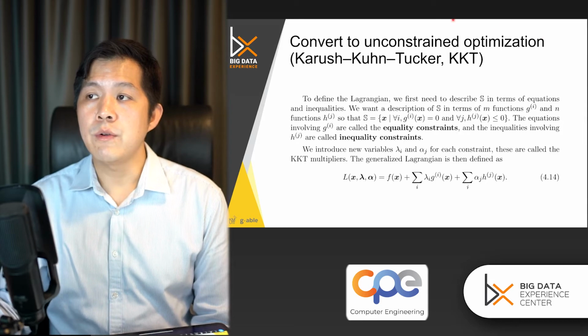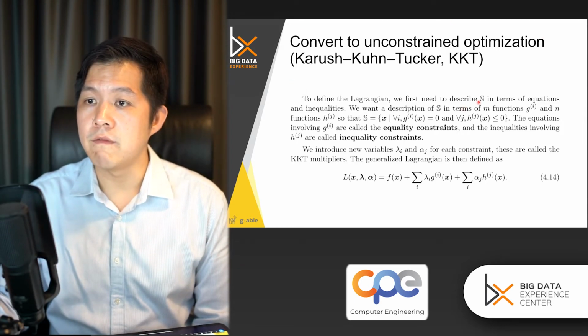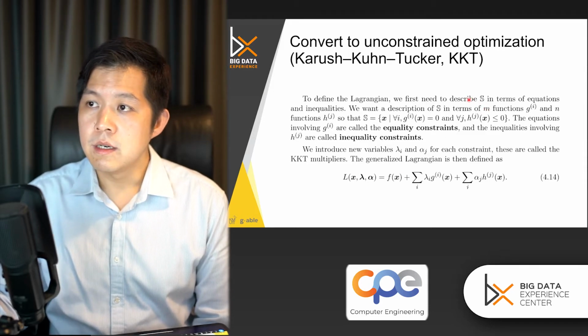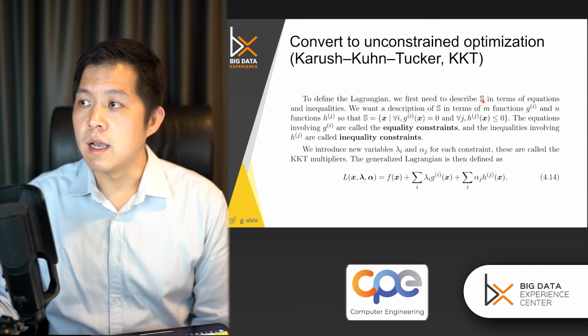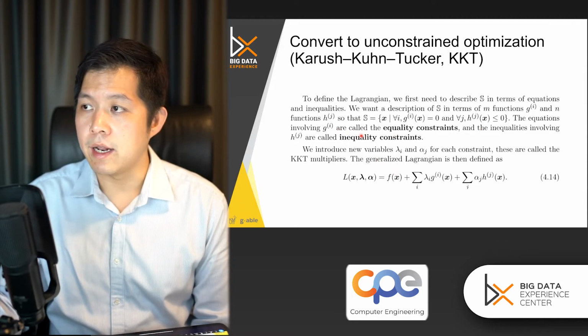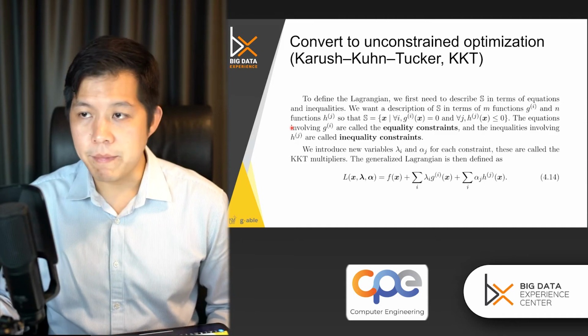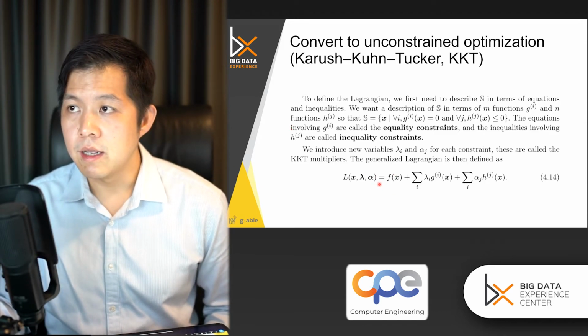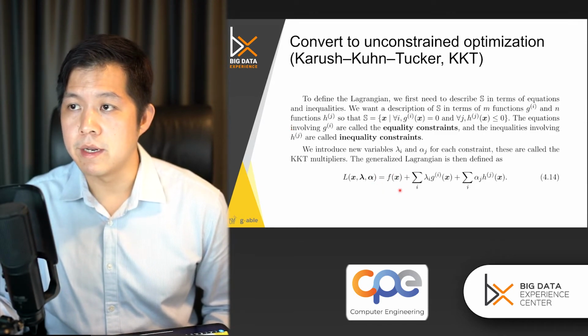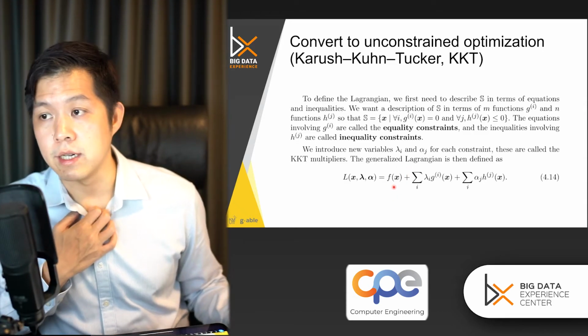Okay, how to do that, right? We need to think about the terms of the loss function. The loss function can have a part that is related to the equality constraint and another part that is related to the inequality constraint. And we have a part here in the loss function that relates to the model. This is f(x). f(x) relates to the model, just like the one that we considered in logistic regression.